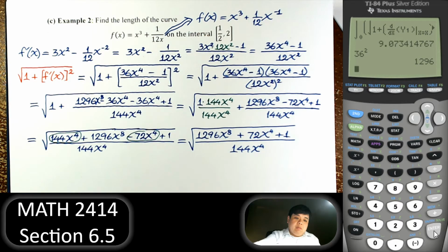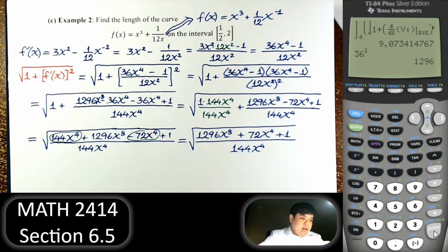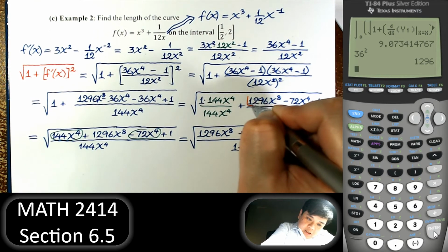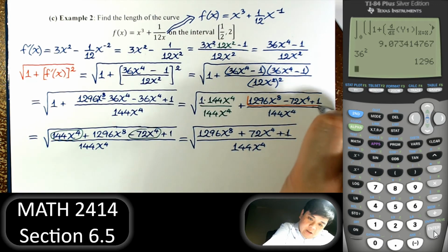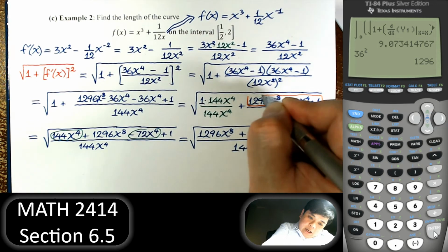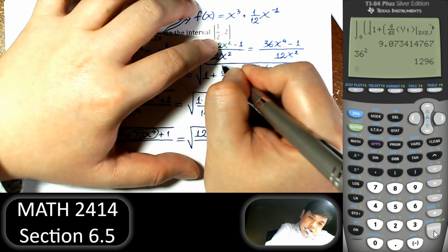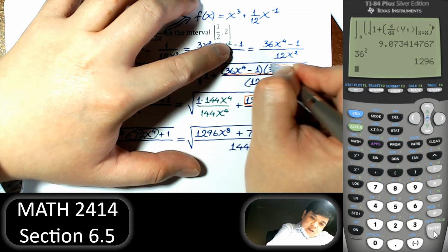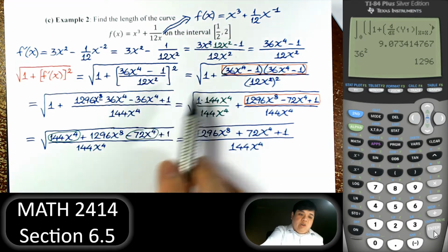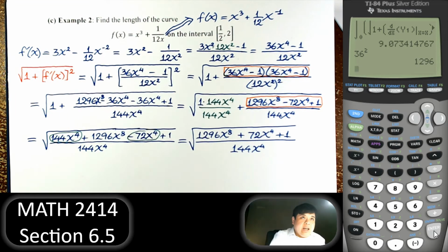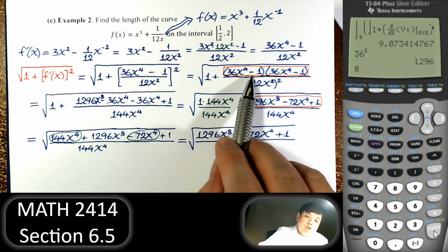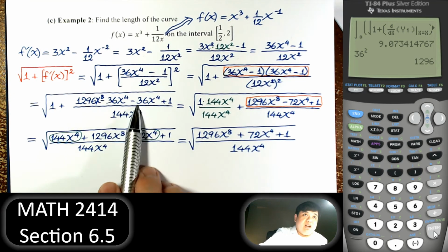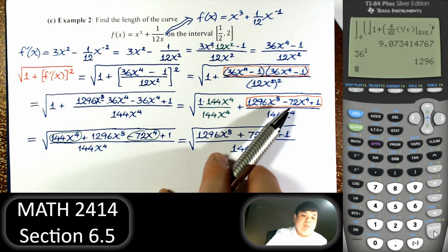Now take a look at this. Pay attention to these three terms here. That one is equivalent to this one squared. Notice that when we multiply it out, it will be minus 36 minus 36, ultimately giving us minus 72.